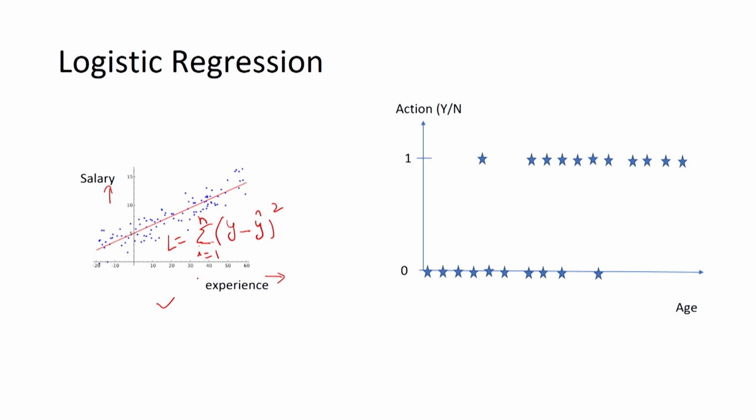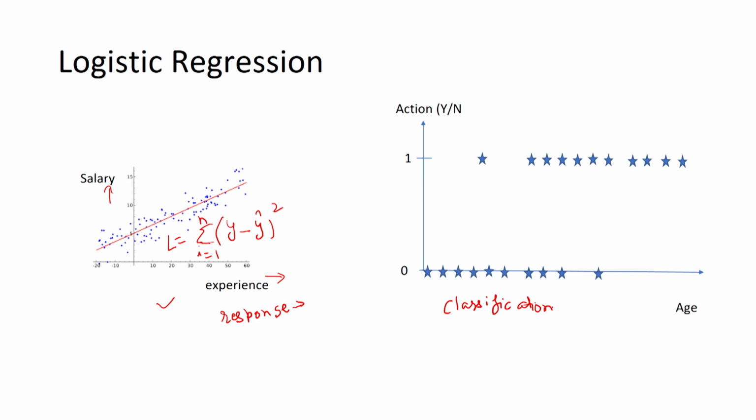So, here we know in case of simple linear regression, multiple linear regression, polynomial regression, in all these cases we have seen the response variable was a continuous variable, while in case of classification we know that it is a categorical variable.